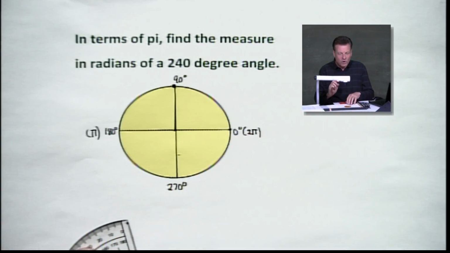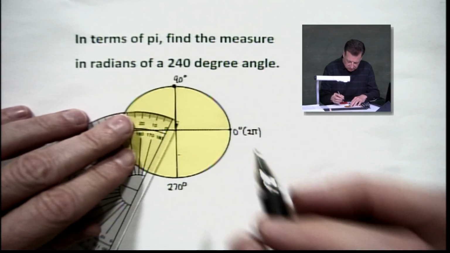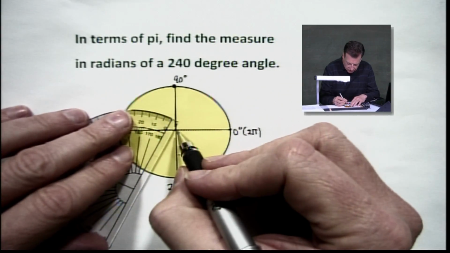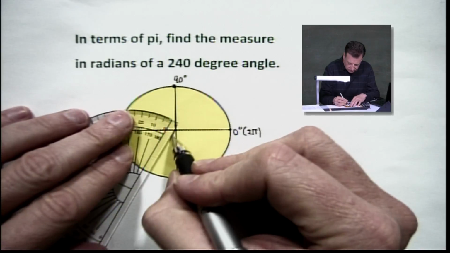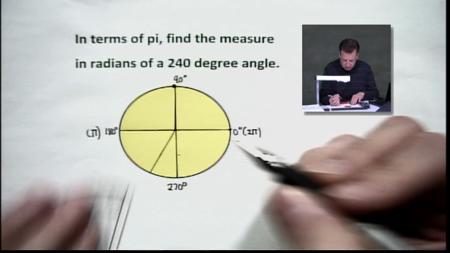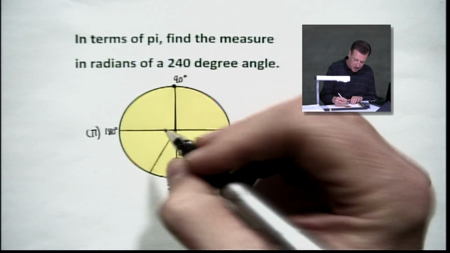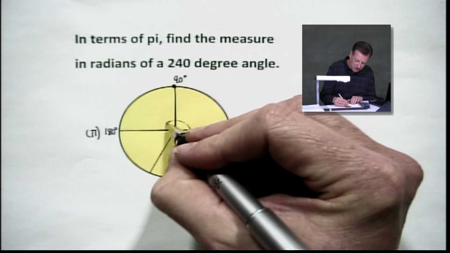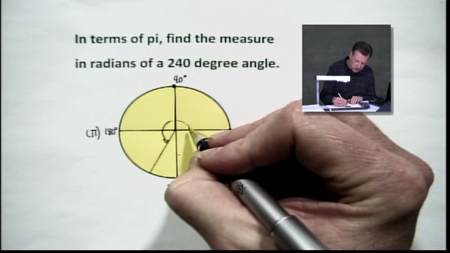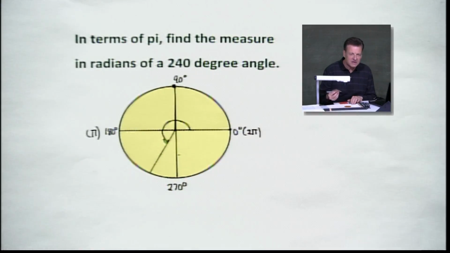So 240 is somewhere around in here. It's close. What we're talking about on this angle is the distance we travel starting from here going around there. So it's kind of a trig question. It is very much a trigonometry type question when we get into these things.